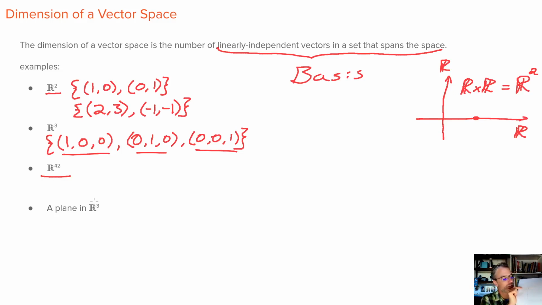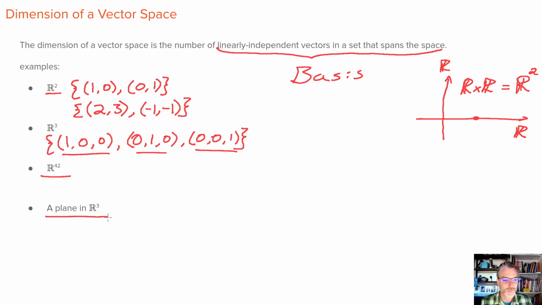Let's say it goes through the origin as well, so the origin's right there. Then I look at how many vectors are there on this plane that will span the whole plane, and are linearly independent. Well, not surprisingly, you need two vectors. So a plane in R3 isn't three-dimensional. The plane itself, if you just restrict yourself to the surface, has dimension 2.